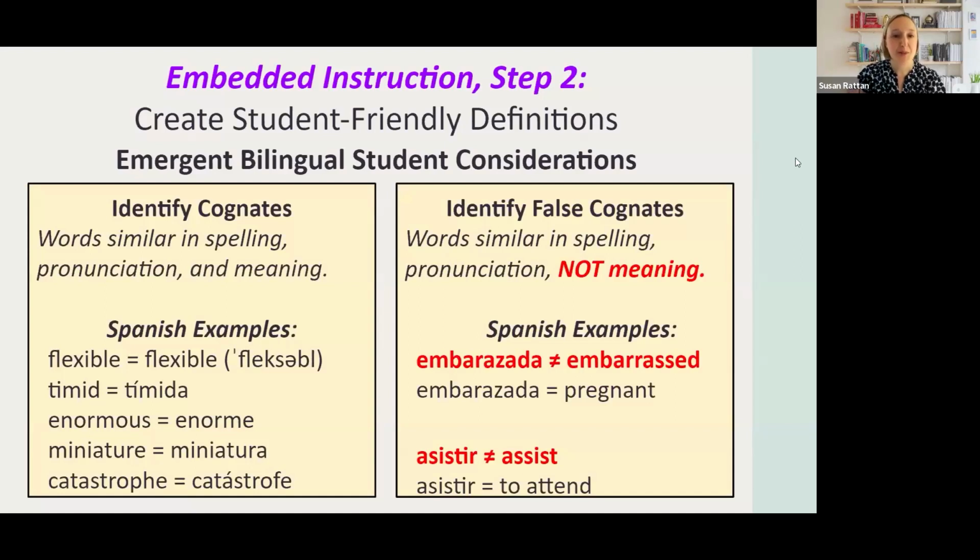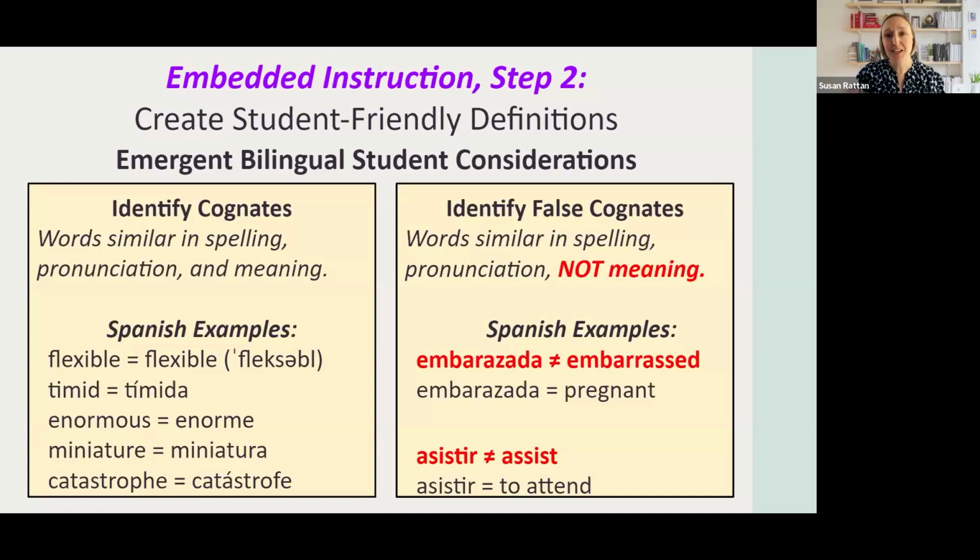And so I have some examples here of English and Spanish words, and you can see looking at that list, they look very similar, they sound similar when they're pronounced, and they mean similar things. And so by pointing these out, we can really build on the strengths and knowledge of our emergent bilingual students so that they can just add on that English word a little bit easier based on the knowledge that they have in their first language.